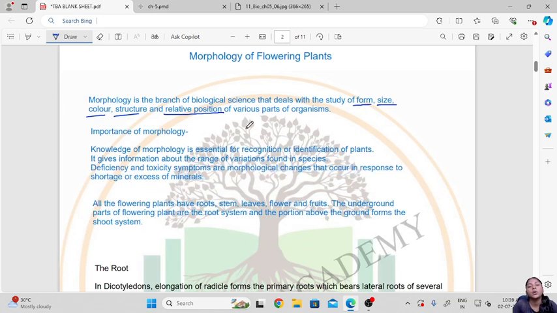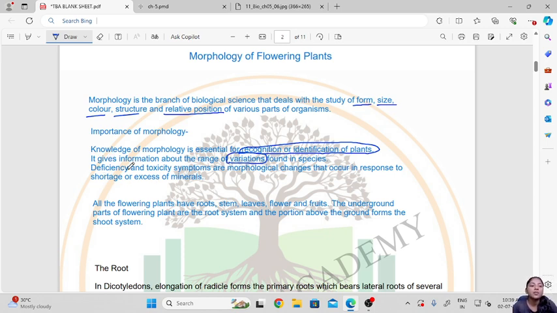Now, what is the importance of morphology? Knowledge of morphology is essential for recognition of different parts. So, it is essential for recognition or identification of different parts. Then it gives us information about the wide range of variation found in species. So, it gives us an idea about the variations that are found in different species.